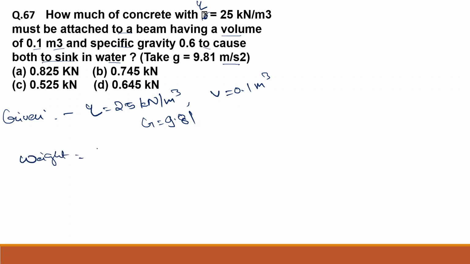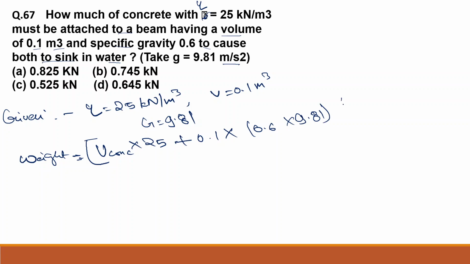Weight is equal to V concrete into 25 plus 0.1 into 0.6 into 9.81 kilonewton.